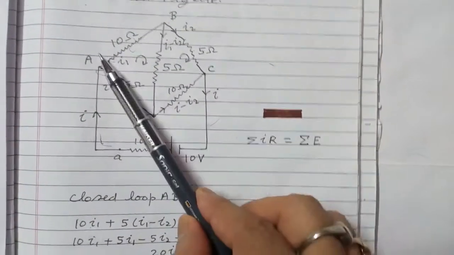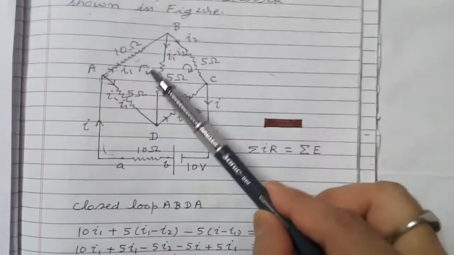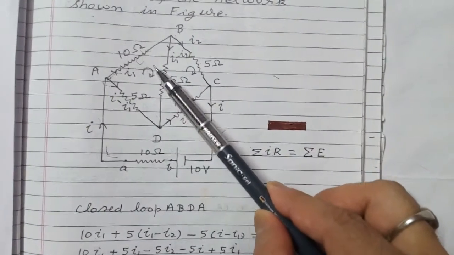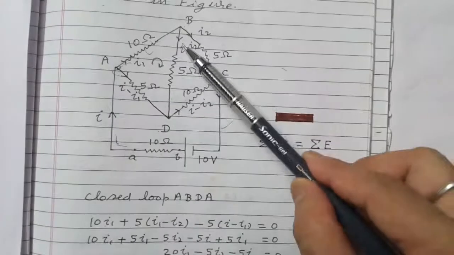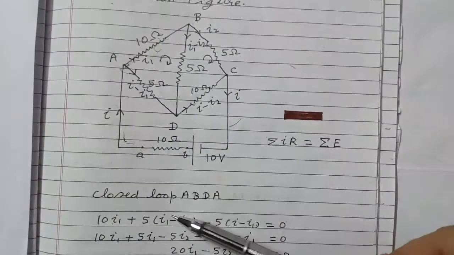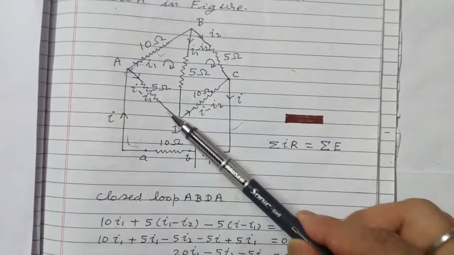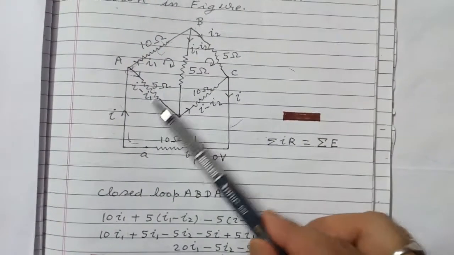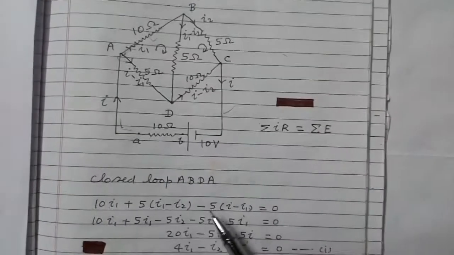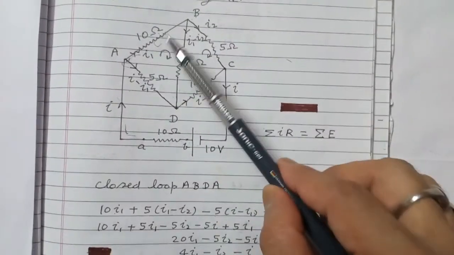Now for closed loop A B D A, following the Kirchhoff loop rule, summation I R is equal to summation E. Here we are moving in the clockwise direction. So resistance 10 ohm, current I1, so 10 into I1 plus 5 into I1 minus I2 minus 5 into I minus I1 for this DA, because we are moving in the opposite direction of current, so product of I and R is negative. So current is I minus I1 and resistance is 5. So this is minus 5 into I minus I1 which is equal to 0, because there is no cell here.